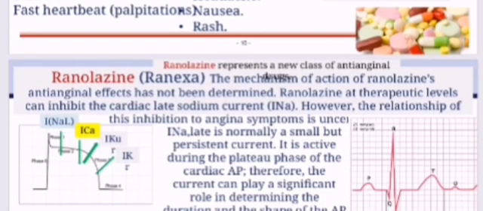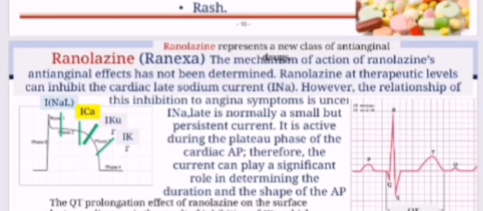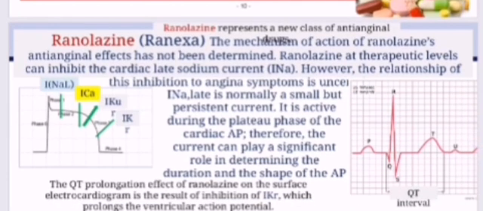Ranolazine represents a new class of anti-anginal. Ranolazine, Ranexa. The mechanism of action of ranolazine's anti-anginal effects has not been determined. Ranolazine at therapeutic level can inhibit the cardiac late sodium current.